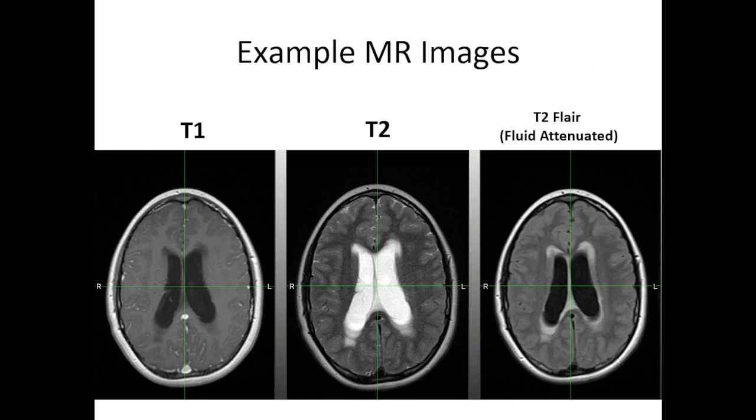And here are some example MRI images. On the left is the T1, in the middle is the T2, and we can see that on the T1, the CSF, which is water-like, is dark, and it appears very bright on the T2 image.